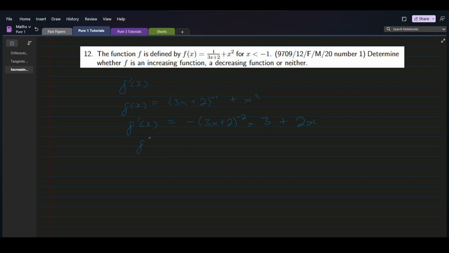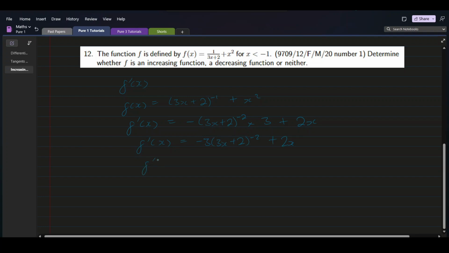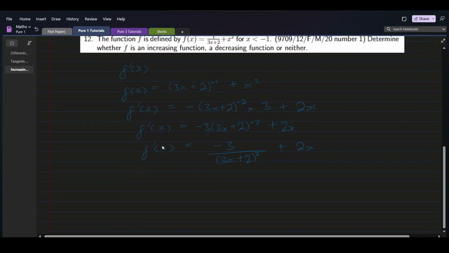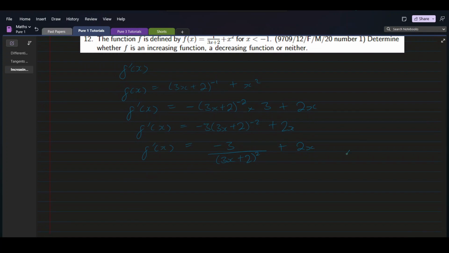So f prime of x is equal to negative 3 (3x plus 2) to the negative 2, plus 2x, and we can write this as f prime of x is equal to negative 3 over (3x plus 2) squared, plus 2x. Now we also have to state our domain.